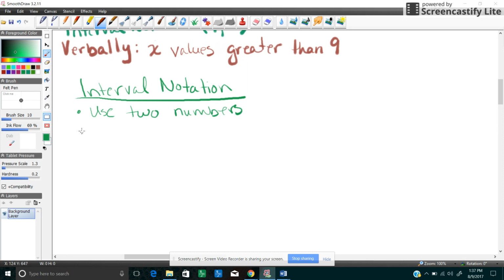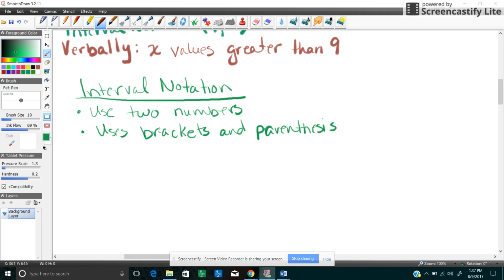And it also uses brackets and parentheses, not to be confused with the curly braces we talked about before. Curly braces are used for sets, and brackets are used for stuff like this.